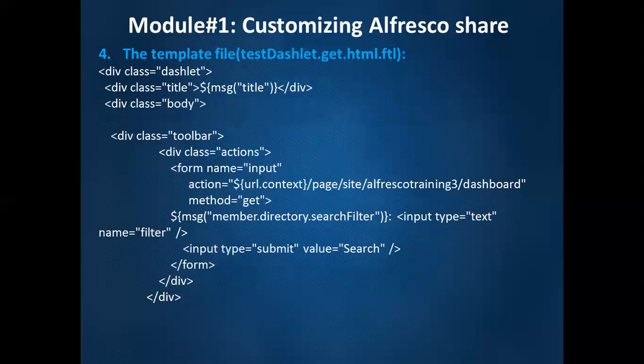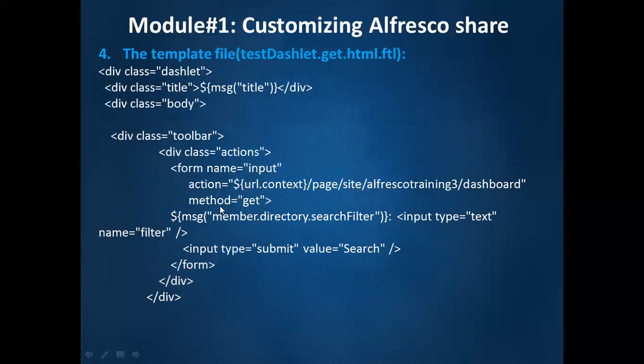Here in our template file I give this URL, page /site/Alfresco training 3/dashboard. We need to follow this URL to know where this dashlet will be displayed. This result will be displayed in this site because I gave the URL.